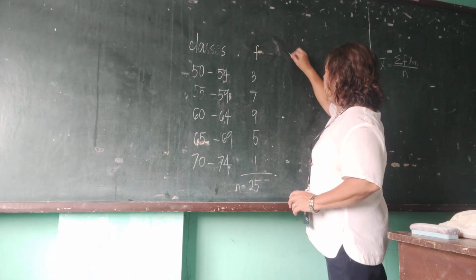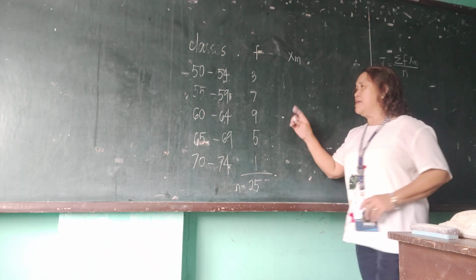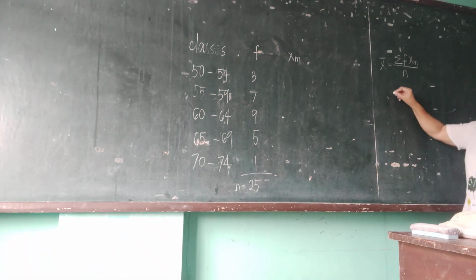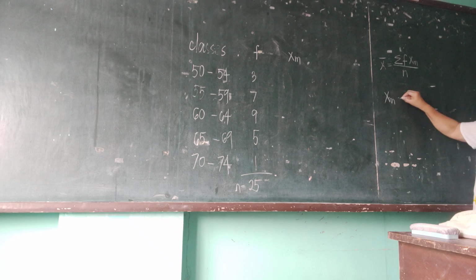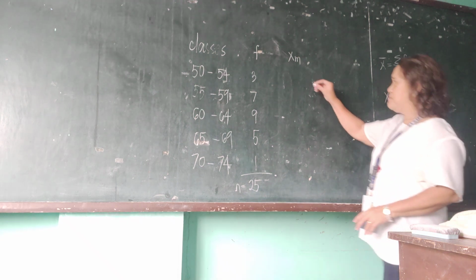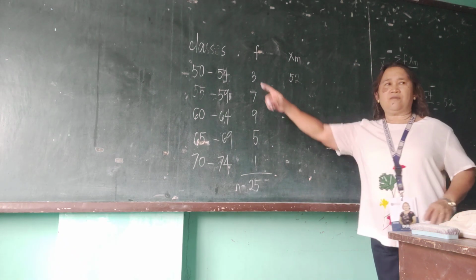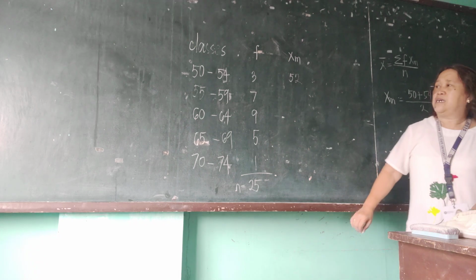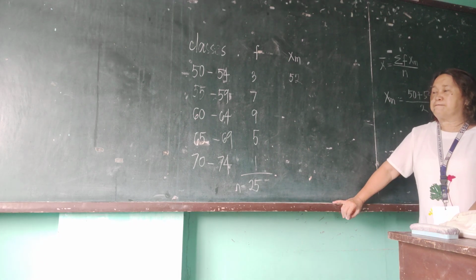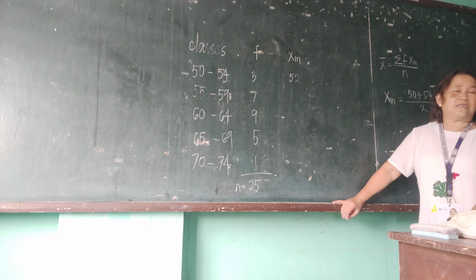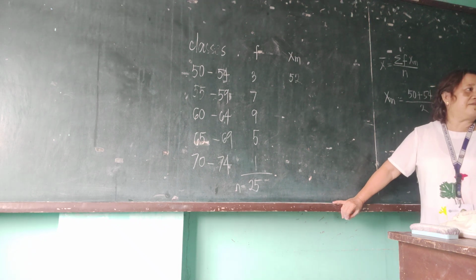What is x sub n? That would be 52 plus 54 divided by 2 equals 53. So our first midpoint is 52. What is our class width? Class width? 5.